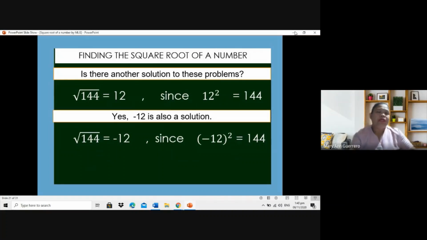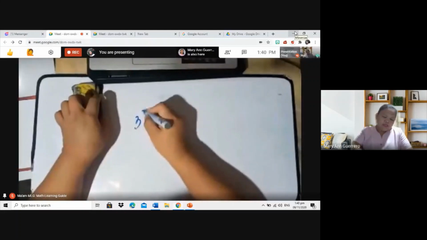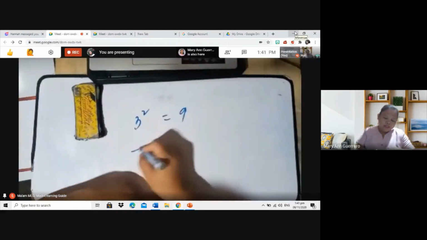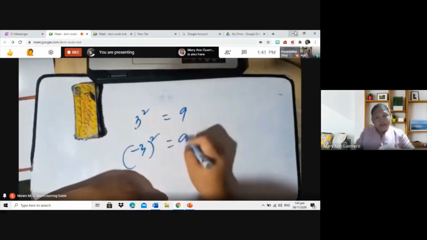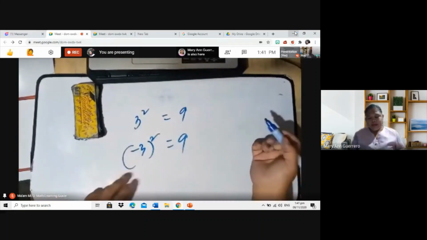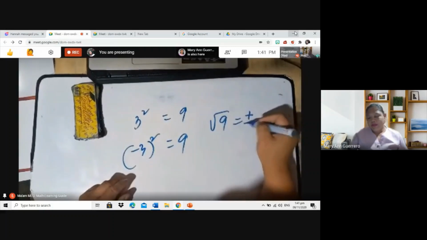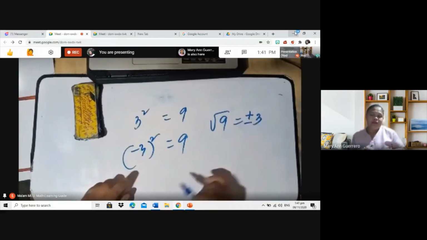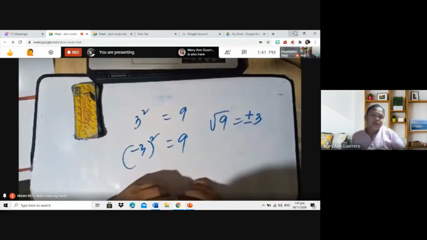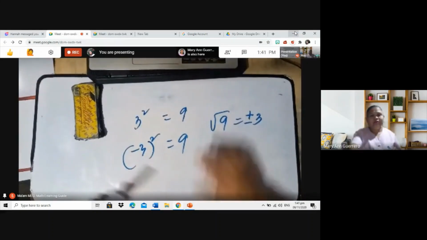Remember yung kanina? Yung square ni 3 ay 9. Square ni negative 3 ay 9 din. Ayan. Okay? Because square root of 9 is positive and negative 3. Not just positive 3, but also negative 3.